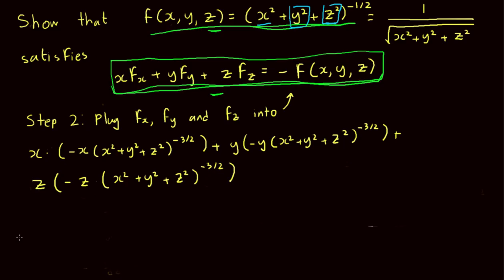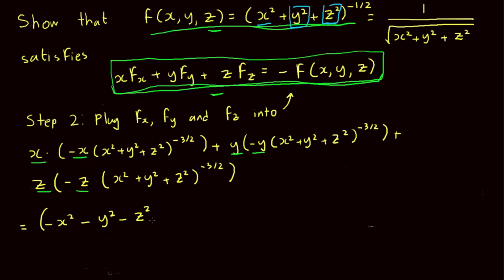So what happens here is that x is multiplied with negative x, y with negative y, whereas z is multiplied with negative z, right? So we end up getting negative x squared, the negative sign doesn't go away by the way, minus y squared minus z squared.